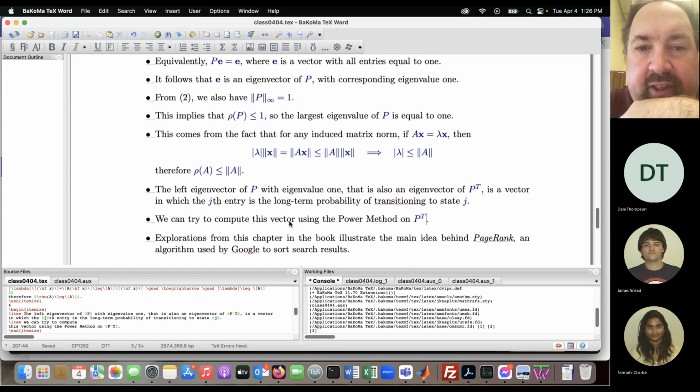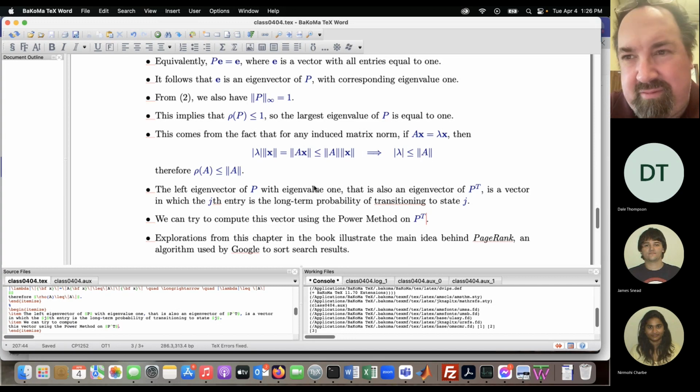So when I talk about transitioning from state i to state j, one interpretation of that is, if you're looking at the whole World Wide Web, the probability of following a link from page i to page j, if you were to index all the documents on the World Wide Web.